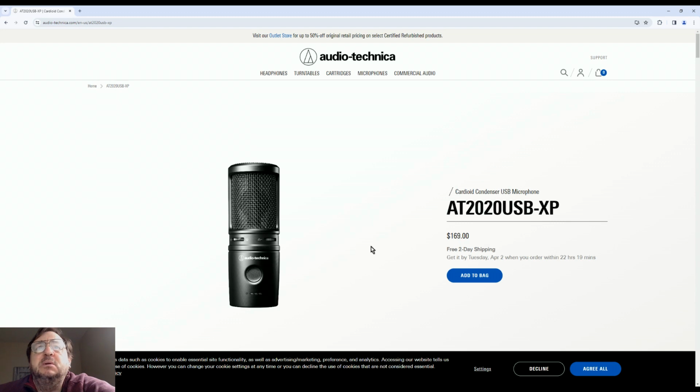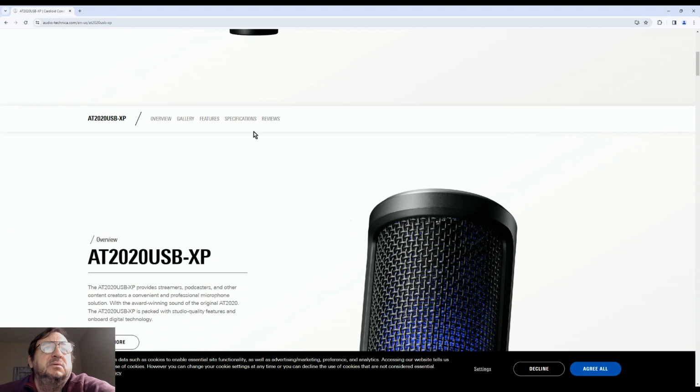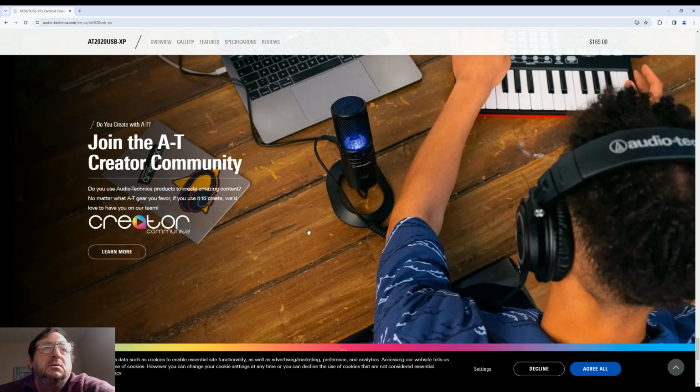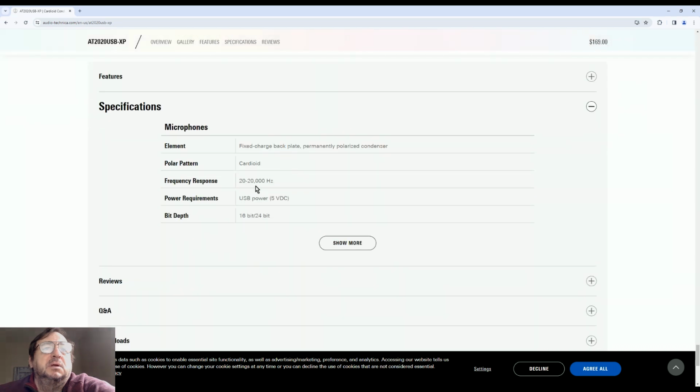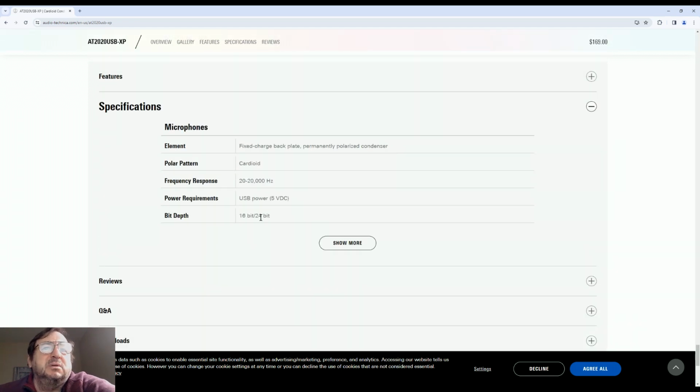So anyway, you look at specs. Okay, this is 20 to 20. You see this one, 16 or 24. And you can find a lot of it, 16 or 24. 32 is hard to find. So this one, what?